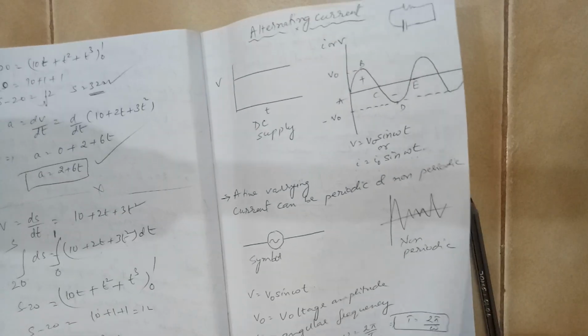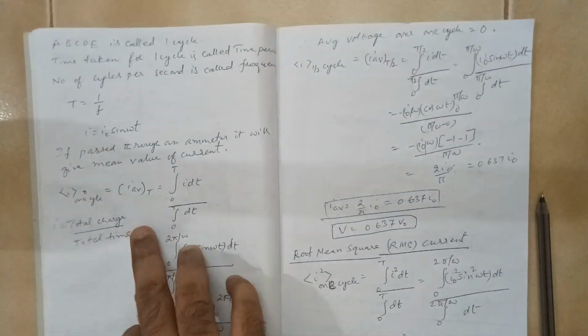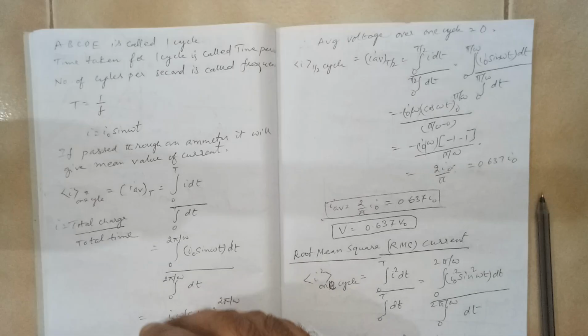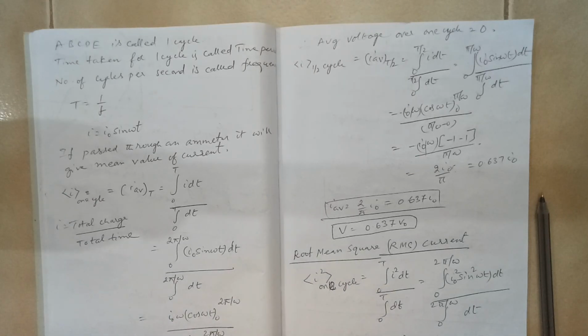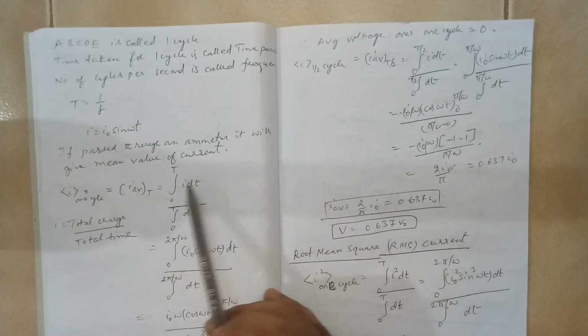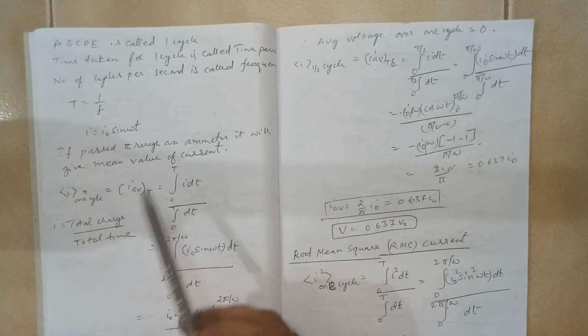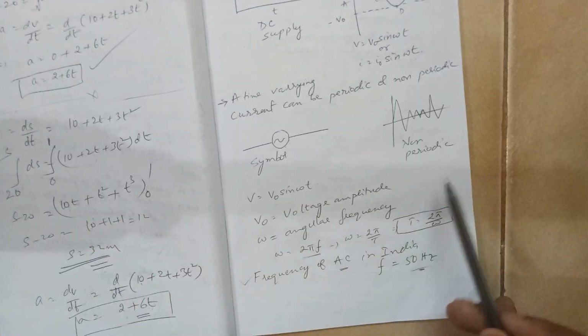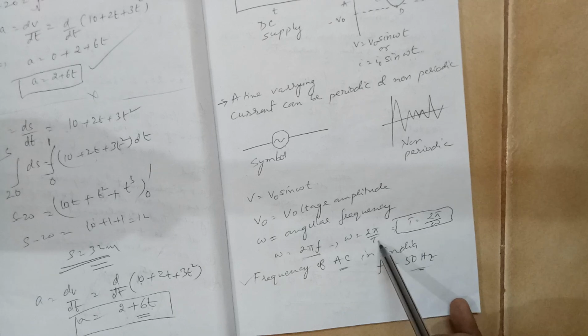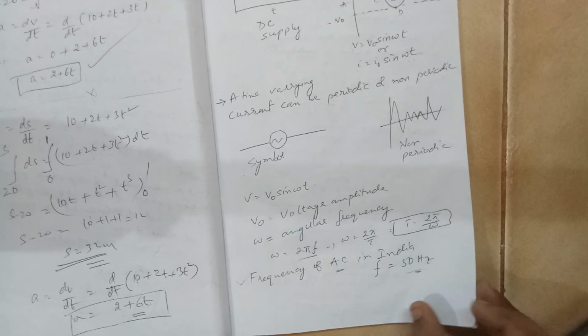So when you are finding out this average, basically you are summing up all the instantaneous values over that cycle and you are dividing by the total time. Now we have just now found that the time period is 2 pi by omega. From here omega is equal to 2 pi by T, that means T is equal to 2 pi by omega.